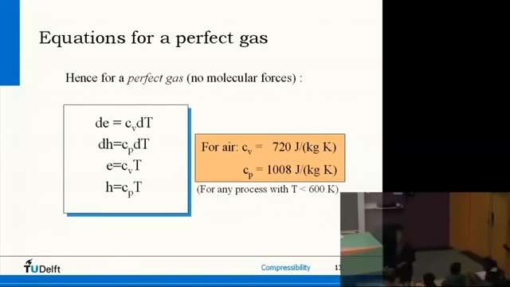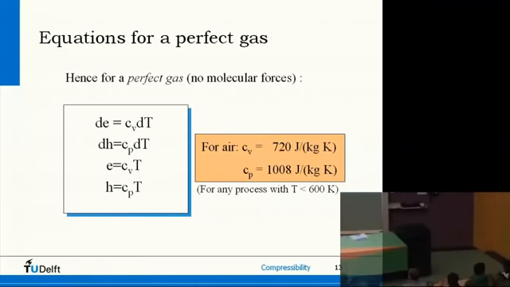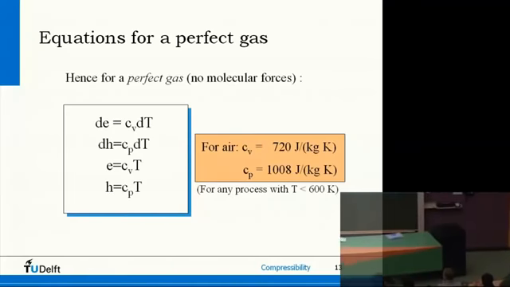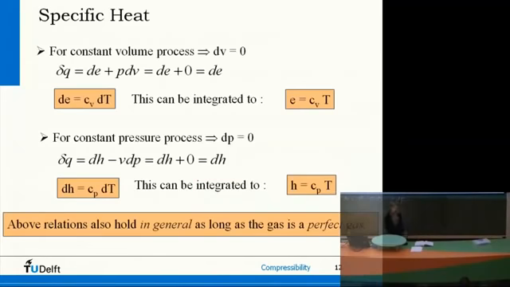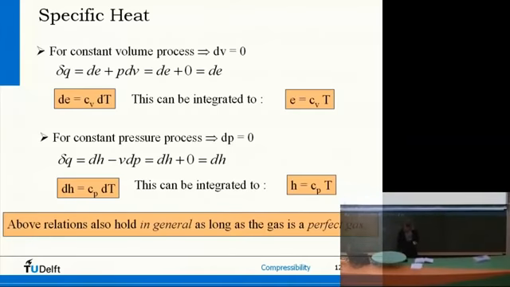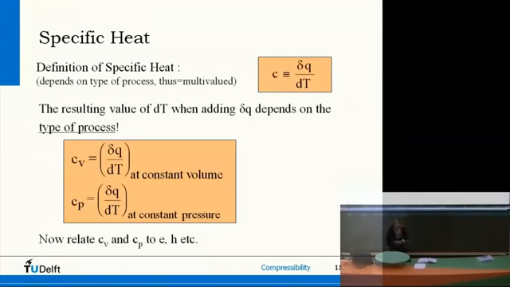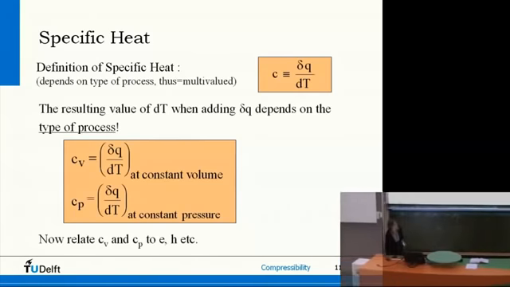I get a question about that I use the same formula for the specific heats. Well, I used the same formula, but for different processes. So I recognize the constant pressure process and the constant volume process. So indeed, it's the same relation, but it's a different C. So it depends on your process what this specific heat constant is.